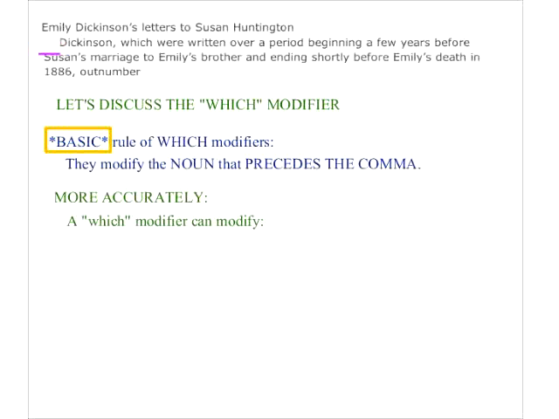Of course it can. The noun that immediately precedes the comma. That can definitely work. So the rule that you've learned is not wrong. But the update that we need is that it can also modify the noun plus prepositional phrase that immediately precedes the comma.